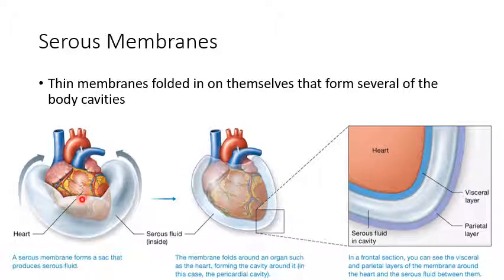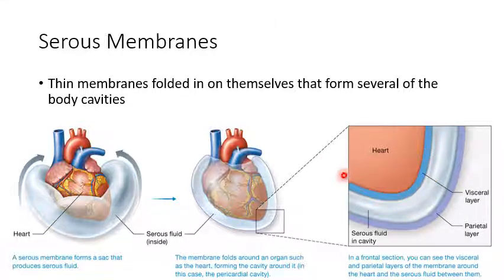Because this is a bag that you've wrapped around something, you've got 2 layers of that serous membrane. If you zoom in here, you can see the innermost layer, which is the deep layer. And then in lighter purple or lilac, you have the outermost layer, which is the superficial layer. Each layer has its own special name.